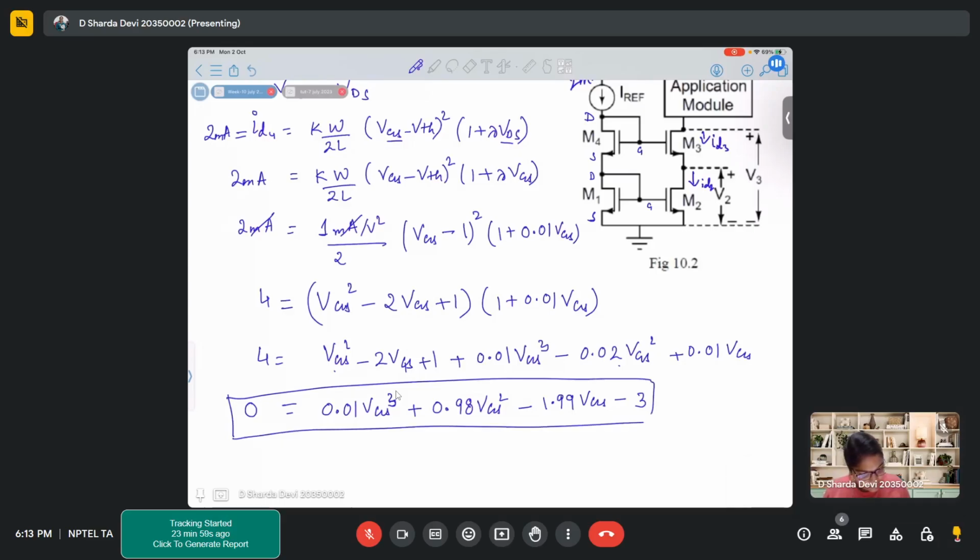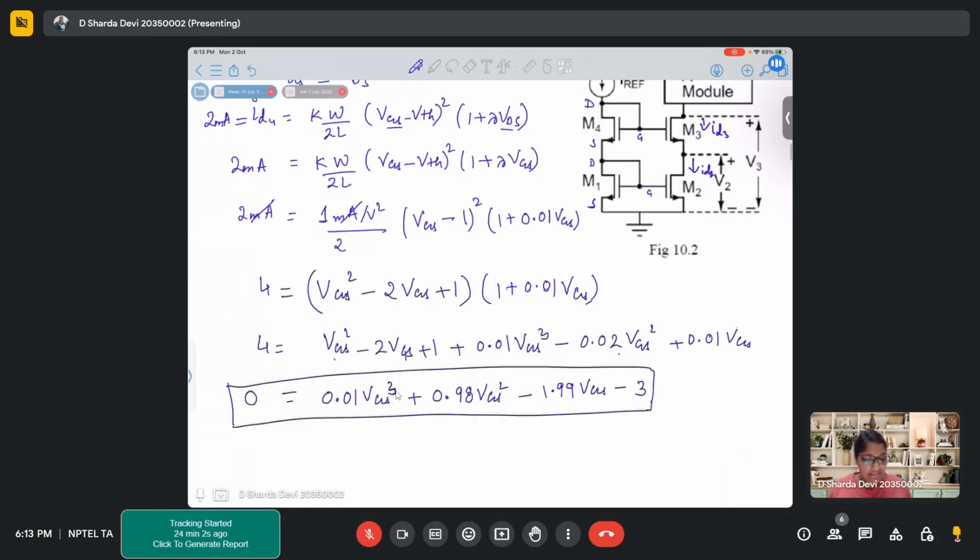So this is the expression that we get to calculate VGS.